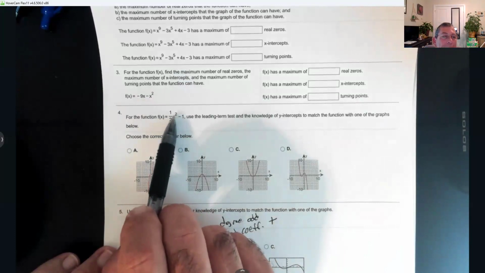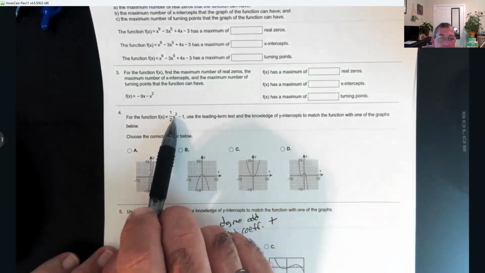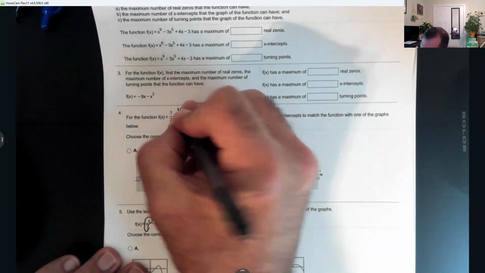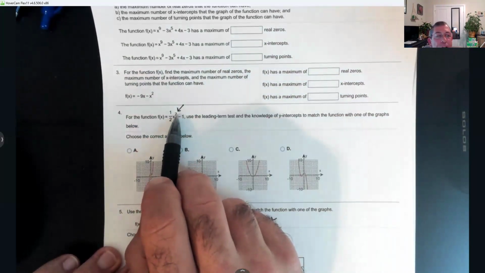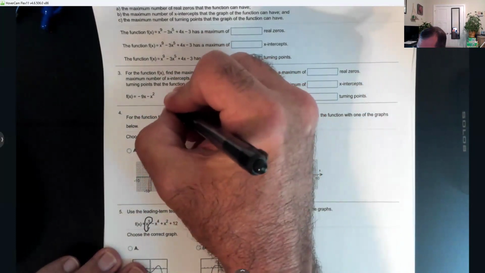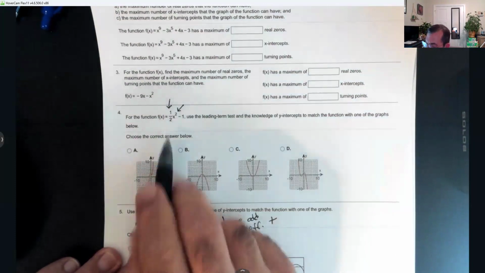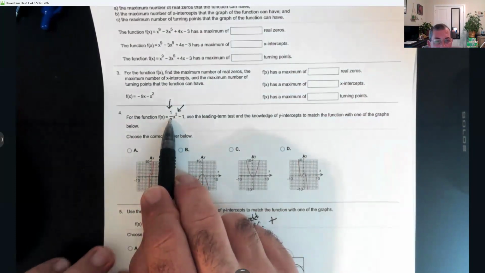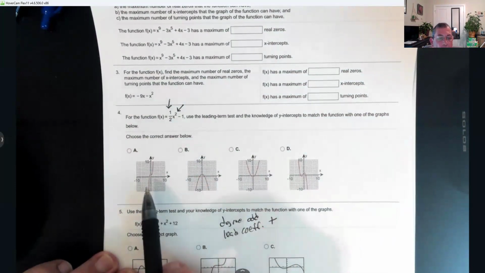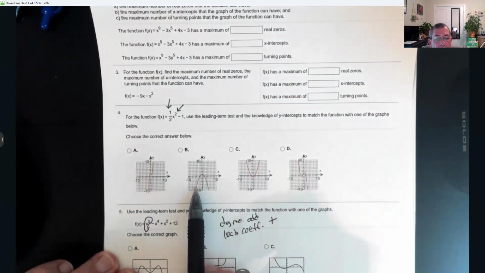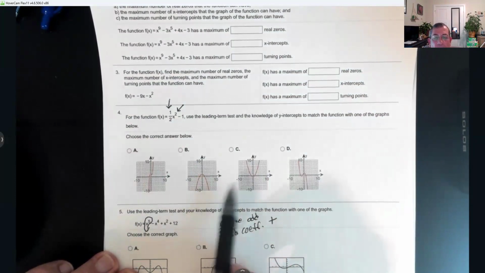A while ago, we did the end behavior stuff, remember? So what did we say about a graph that had an even degree and a positive lead coefficient? So I got an even degree and a positive lead coefficient. Would y'all pick the graph that's going uphill left to right? Would you pick the parabola that's flipped over?